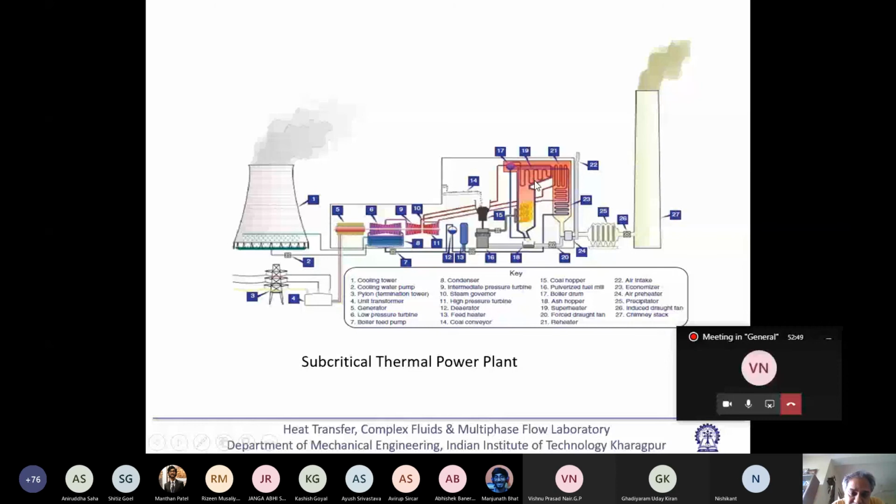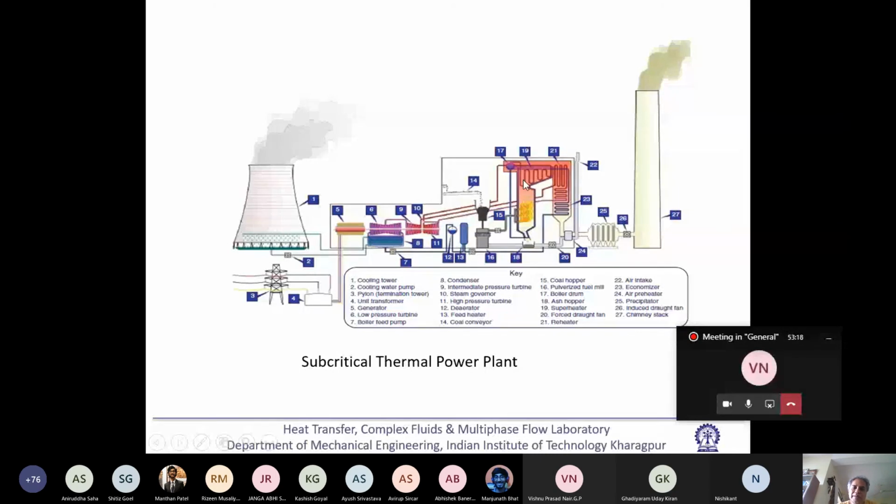The flue gas path starts from here and here, then here, here, here. So you can understand the highest temperature of the convective gas and also radiation heat transfer is here. And then of course, there are the other parts. Then the temperature reduces and ultimately it goes to the chimney.